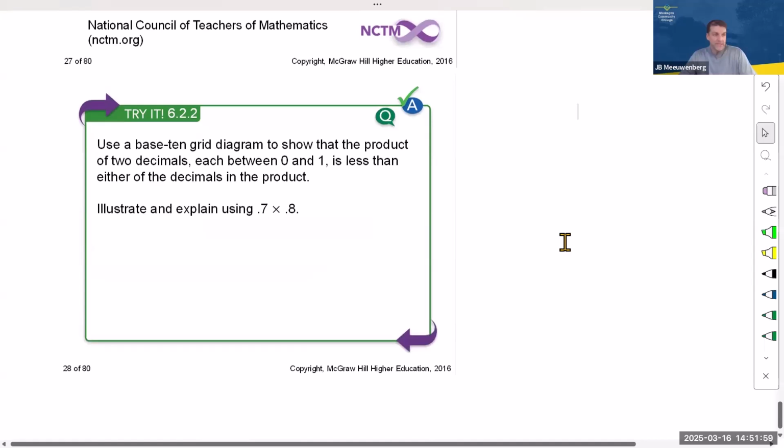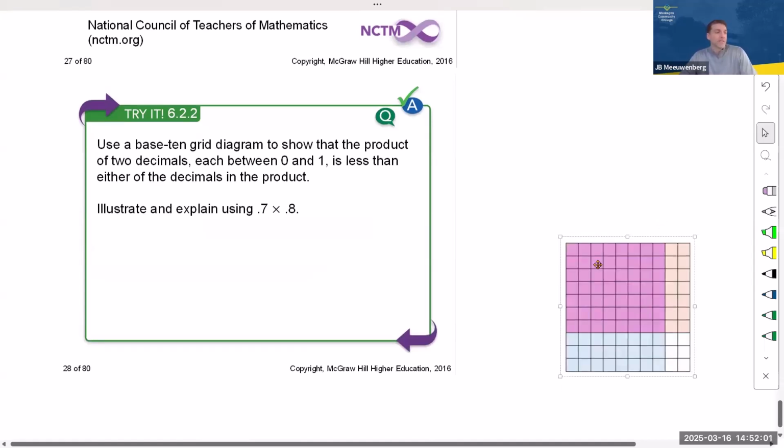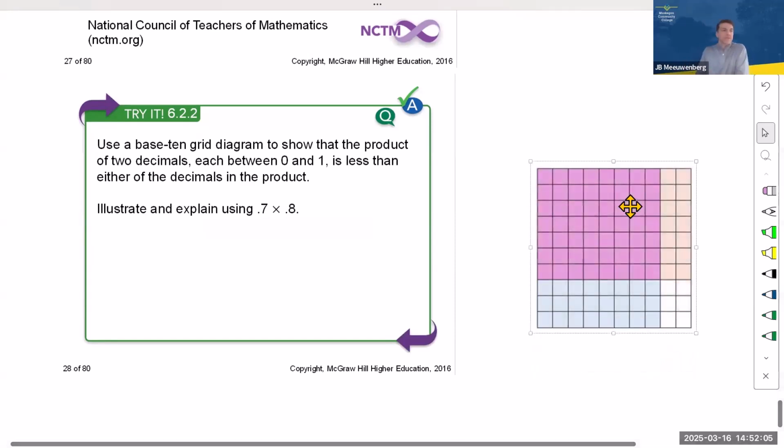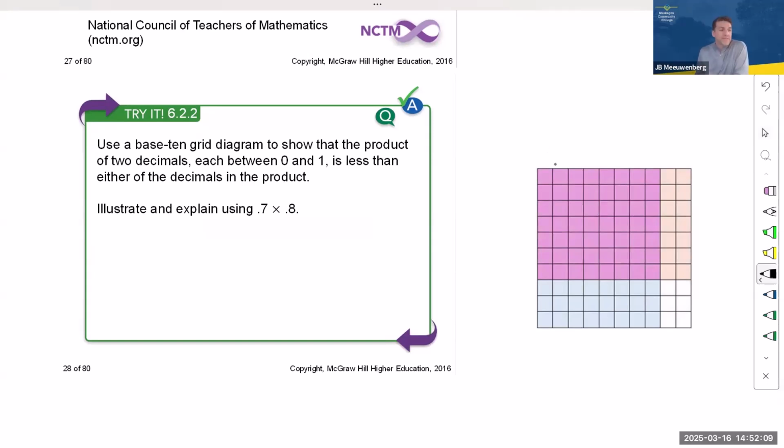What you might have created is something that looks like this. This was mine. I did mine in Microsoft Word, made a little table and shaded some things in. What we have here is a value of 1. This is a block of 1, and it has tenths going across, tenths going down.